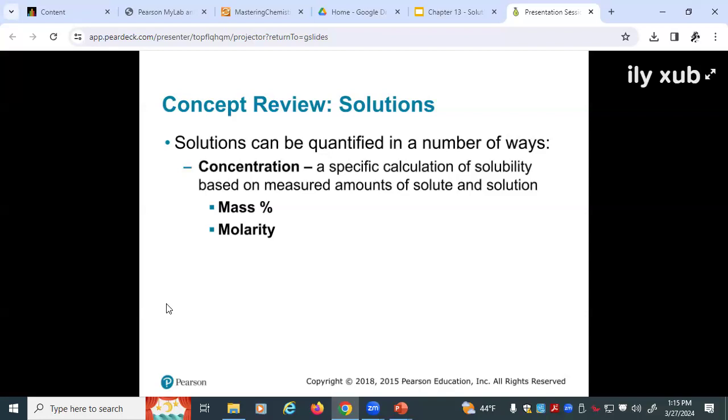Now, in both cases, what we are really focusing on is the relationship between the amount of solute, so the amount of stuff that we're trying to dissolve, and the amount of total solution. And the key word there is solution, not solvent.